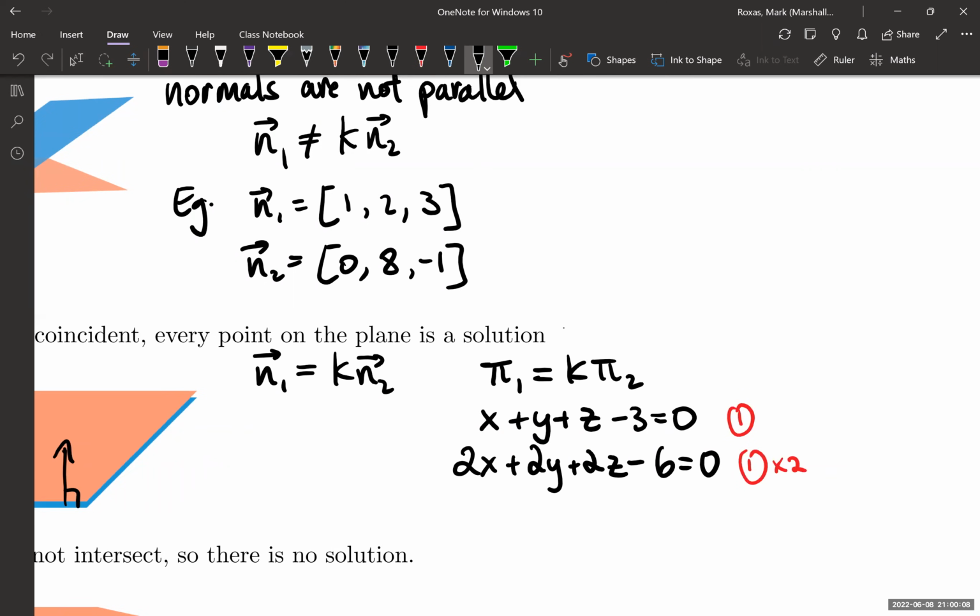So that is what we mean by the equations representing the same plane.